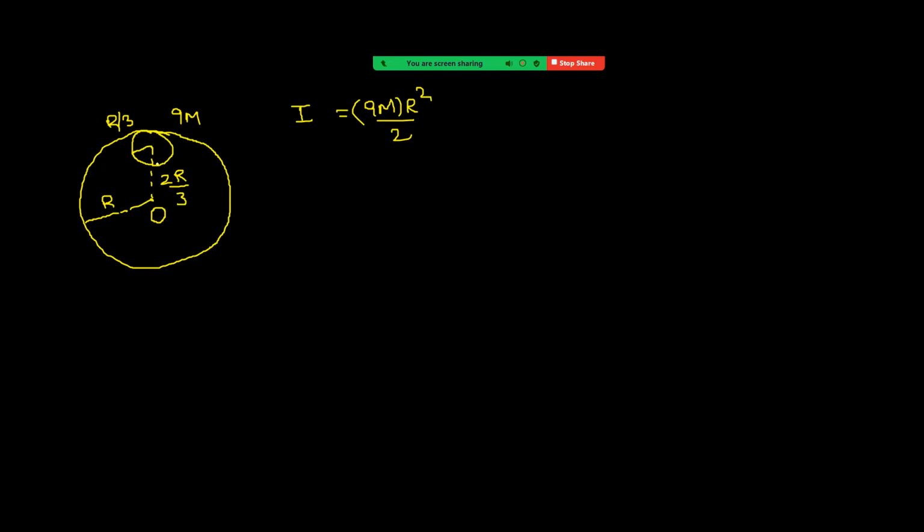So for the removed part about O, what is the I value? Then subtract that from this initial value. So the key point is, whenever we want to add or subtract moment of inertia, it must be done about the same axis.